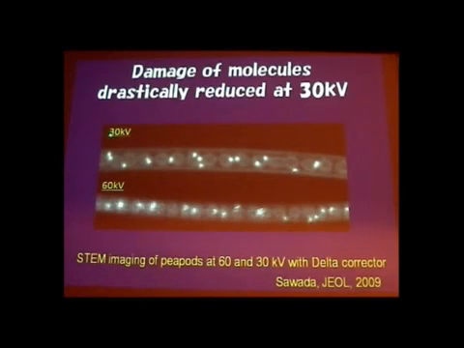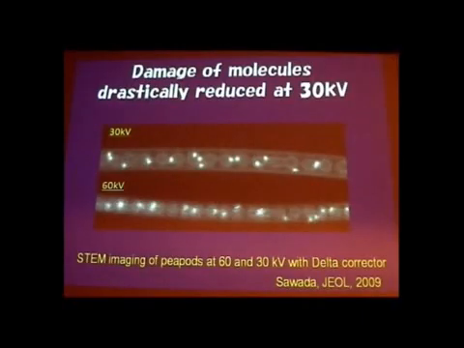And then 30 kV, 60 kV, we lowered the accelerating voltage in order to see the carbonaceous material. Usually, commercial microscopes operate at 200 keV, much higher. So the penetration is much stronger, but you lose contrast.